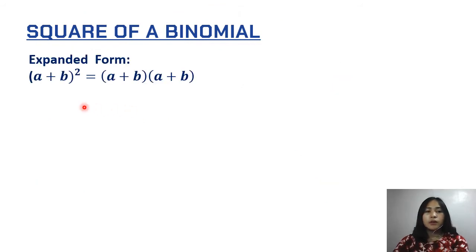Now we have the expanded form of our square of binomial. So we have the quantity of a plus b squared is equal to the quantity of a plus b multiplied by the quantity of a plus b. Now how are we going to solve the square of binomial? We're just going to use the FOIL method.